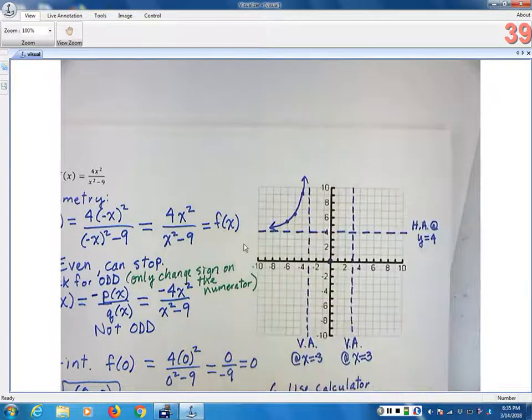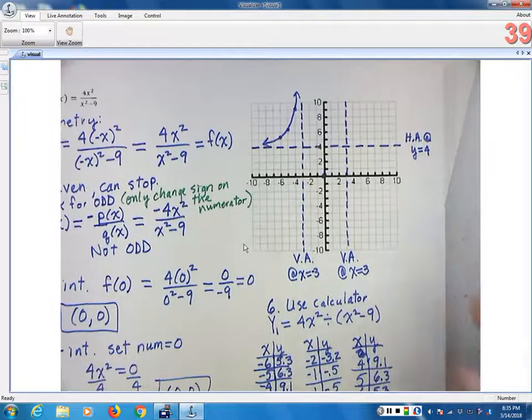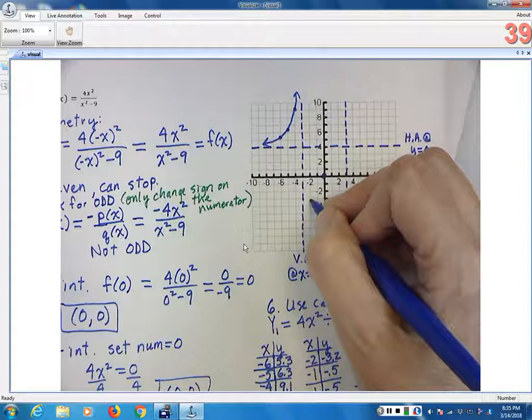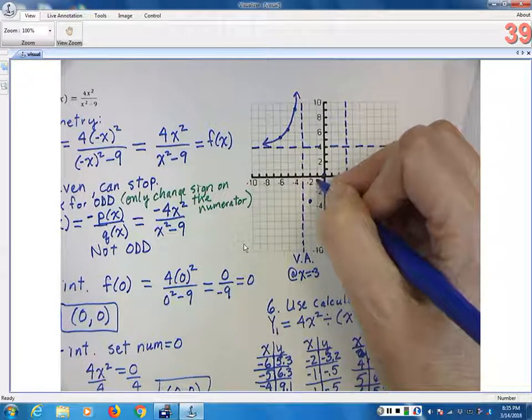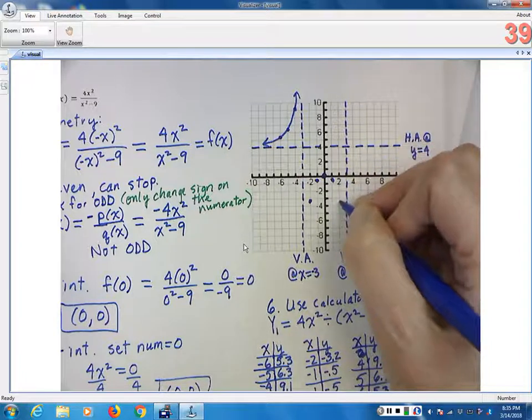You can also hit graph to see what it looks like, but I'm drawing this. -2, it's at -3.2. At -1, it's at -0.5. At 1, it's at -0.5. At 2, it's at -3.2.